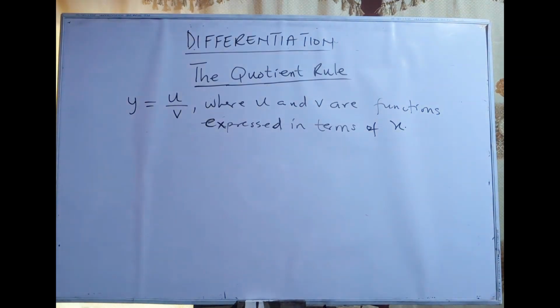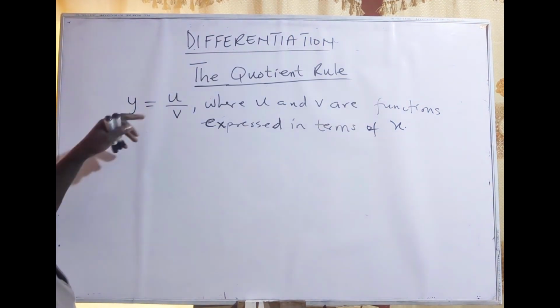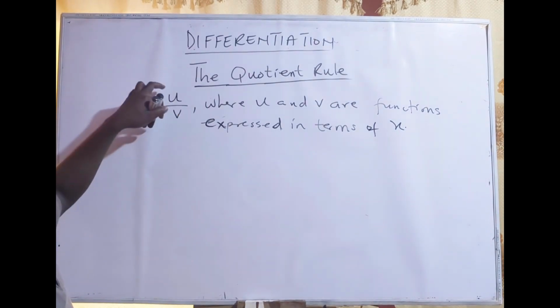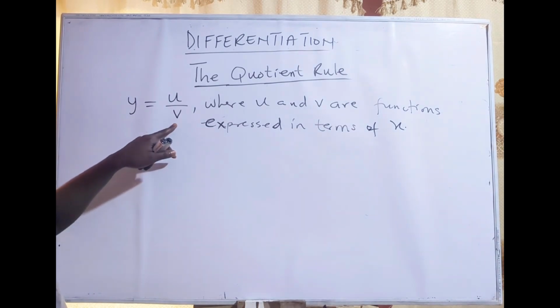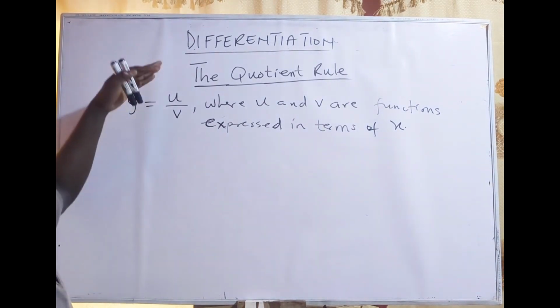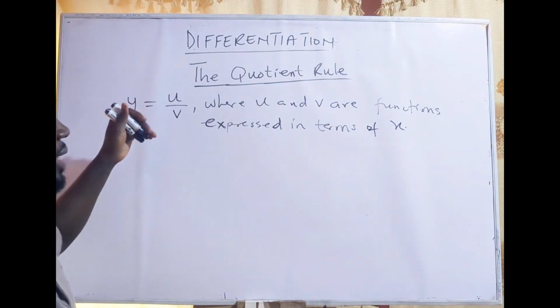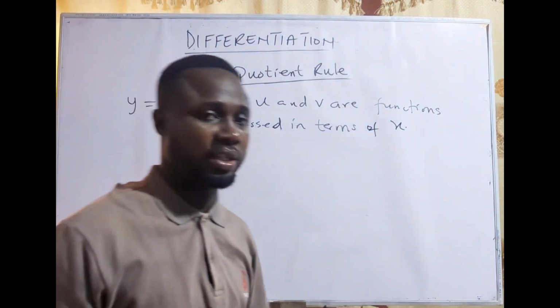So I have one function as a numerator and another as a denominator. Two functions, one as a numerator, one as a denominator, and they are all expressed in terms of x.